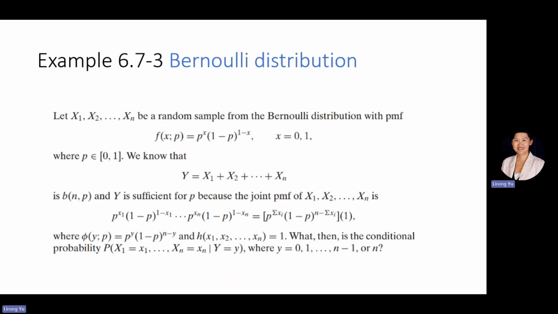This one, we don't have to try factoring because you can see that the only thing related to the value of p is the summation. So summation of xi would be a sufficient statistic. So when you try to figure out the value for probability p, the only thing you should worry about is finding the summation of xi, because that's the only thing you might need for calculating p.